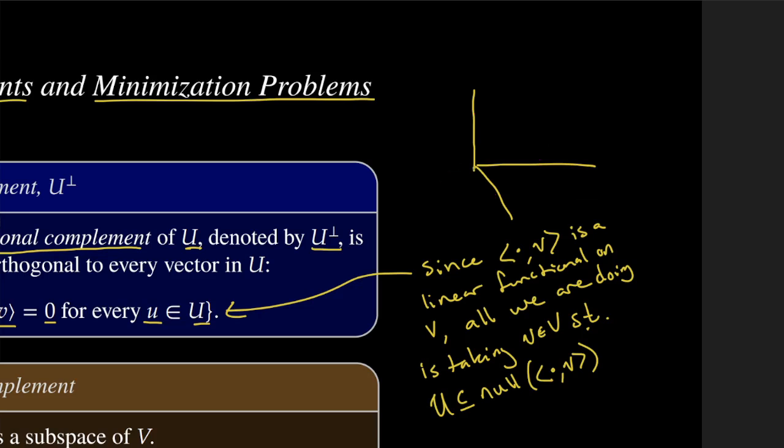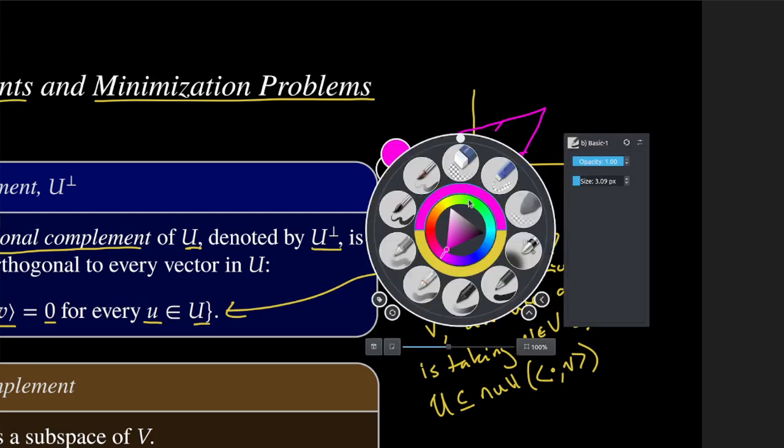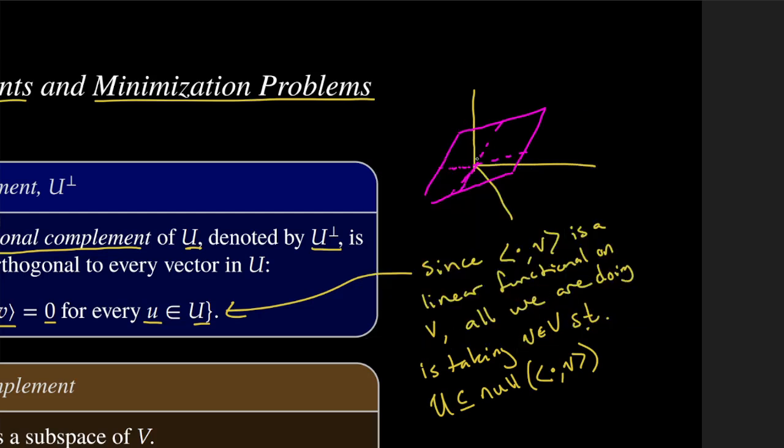So here, let me go over to here. I'm trying to say, look, this thing is intersecting the origin, basically. Then if we want to pick the orthogonal complement of this guy, draw this picture.